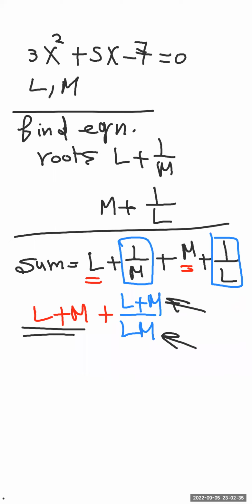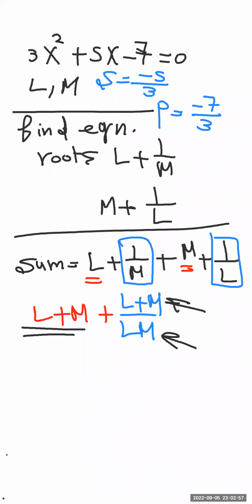So now get the sum and the product from the given equation. Sum equals negative 5 over 3. Product equals negative 7 over 3. Great. Substitute with these numbers, which we got from the equation.